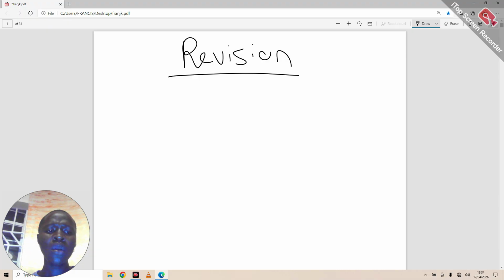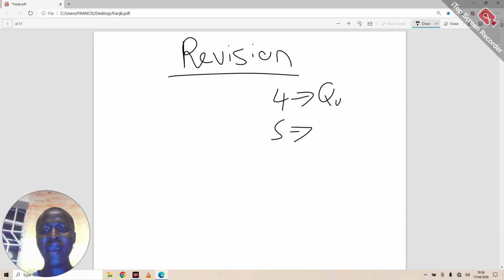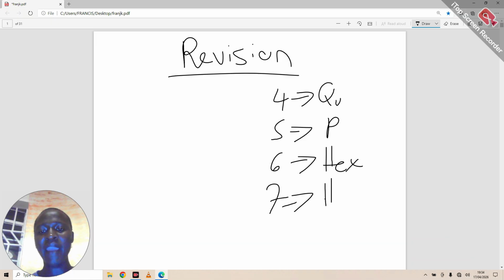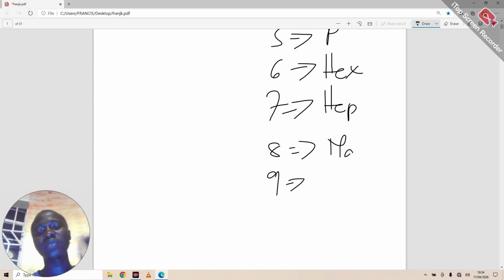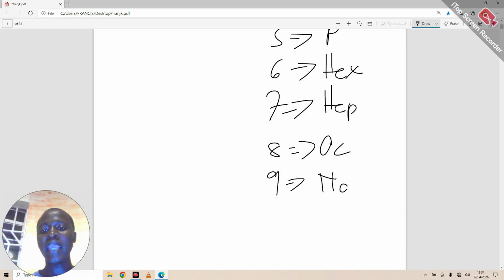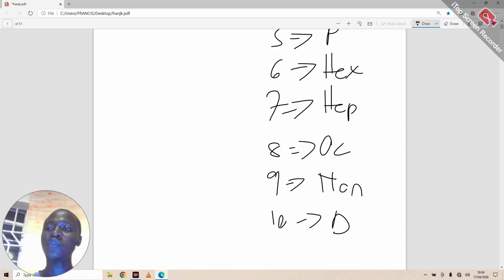Now, what is a hexagon? A four-sided figure is called what, guys? Quadrilateral. A five-sided figure, pentagon. Six-sided figure, hexagon. A seven-sided figure, heptagon. Eight is octagon. Nine is nonagon, 10 is decagon, 11 hendecagon, 12 dodecagon.